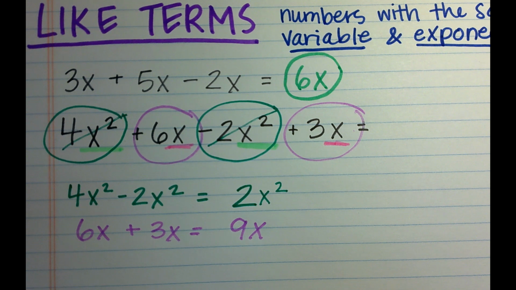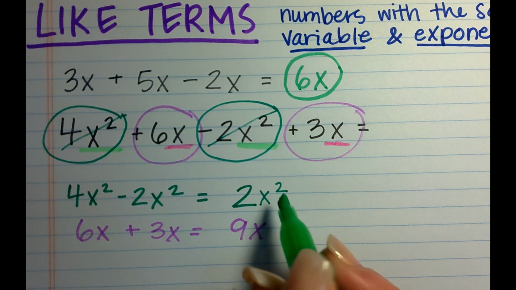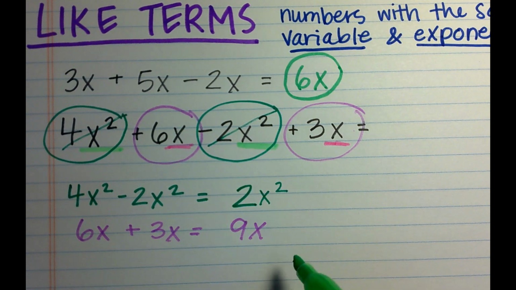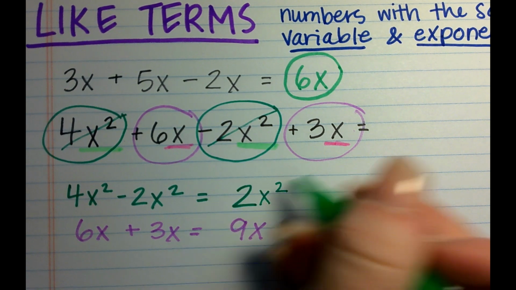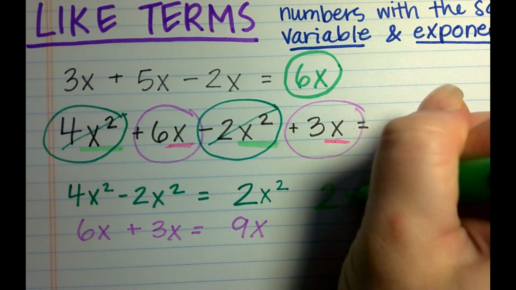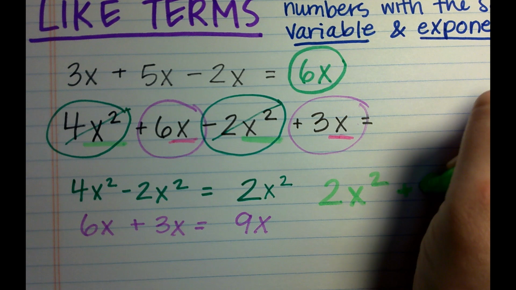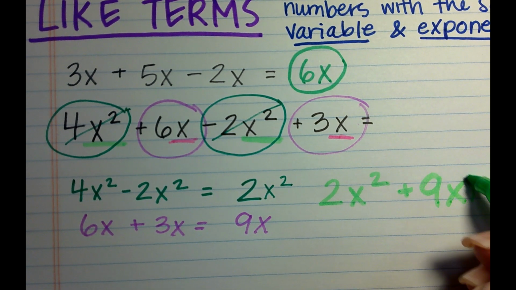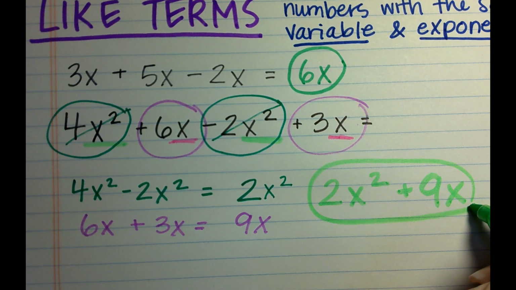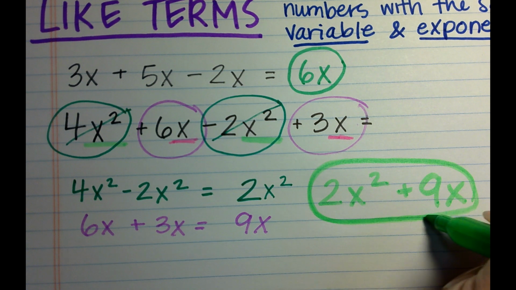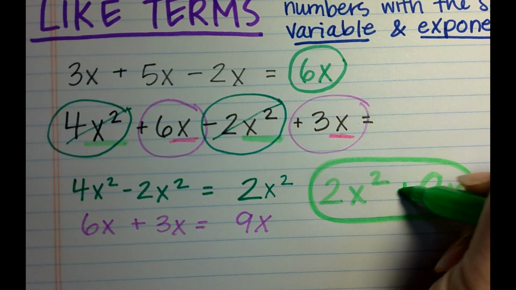What would my final answer be? 2x squared plus 9x. Yes. So to write this as our final simplified answer, we would write 2x squared plus 9x. And that is our answer. Because we don't know what x is, this is as far as we can go.